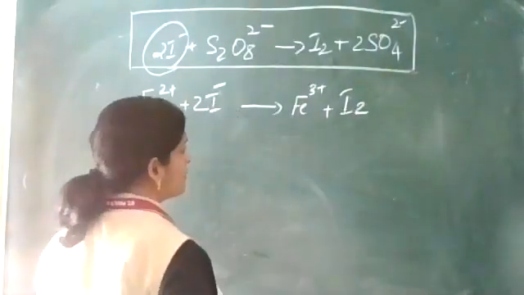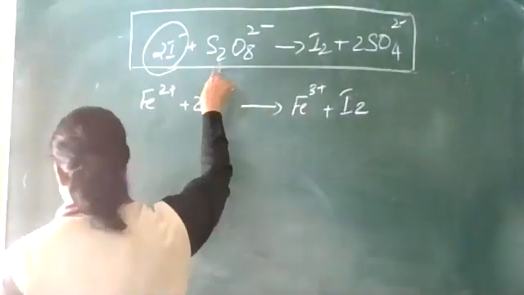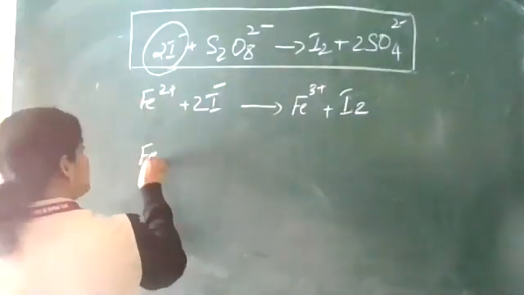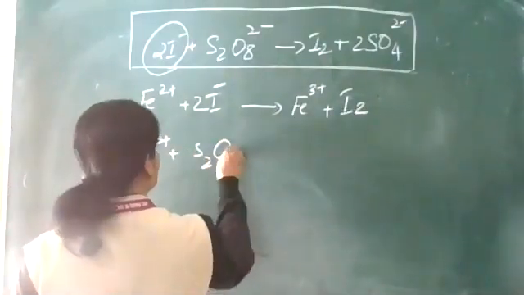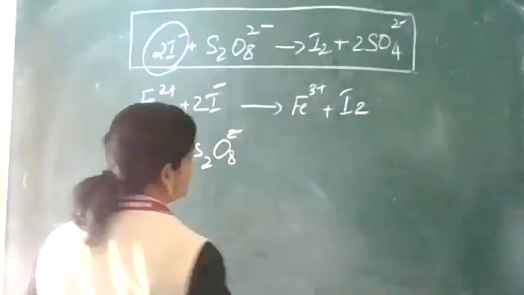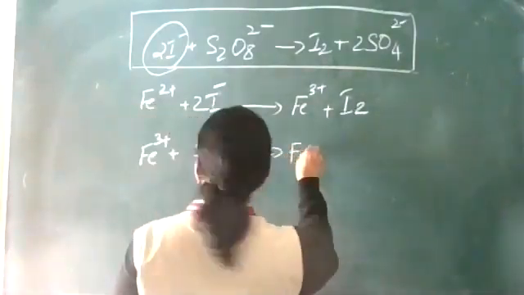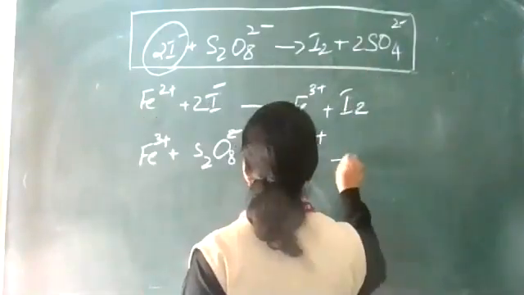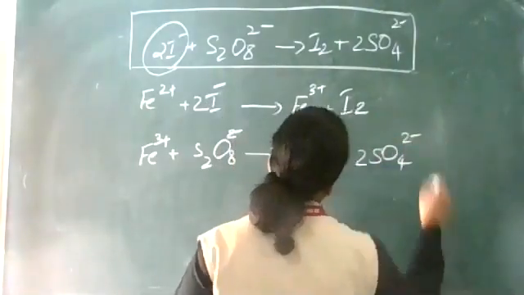Now, this Fe2+ form will react with this H2O2. I'm writing that Fe3+ will react with H2O2. Now what will happen? Fe2+ will change to Fe3+, and its final product will be SO4 2-.